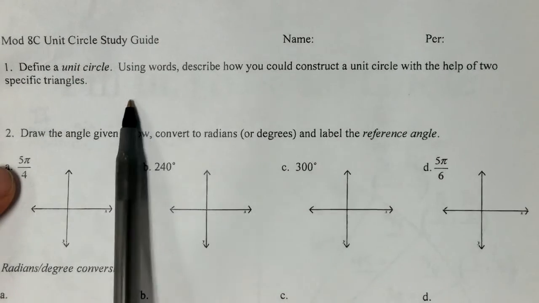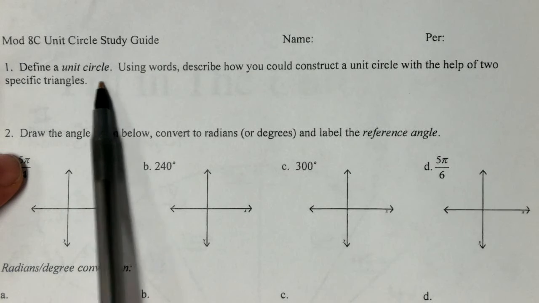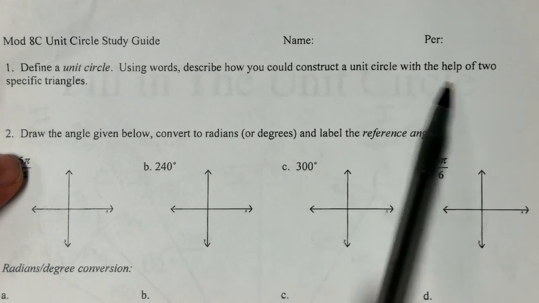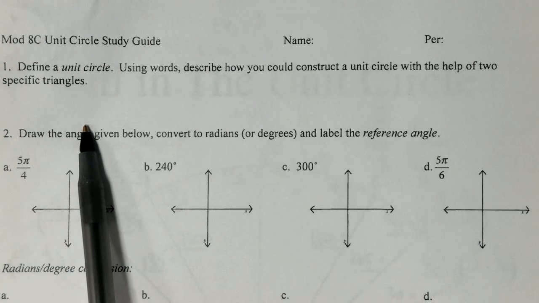This is similar to the one we just did. It says define a unit circle, but then it says using words, how do you construct a unit circle with the help of two specific triangles.